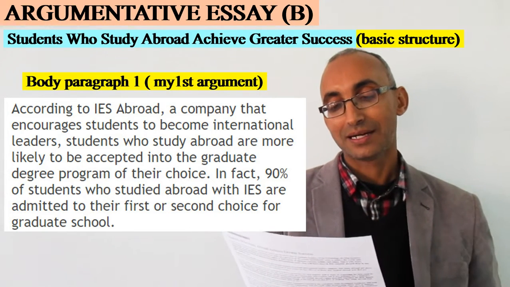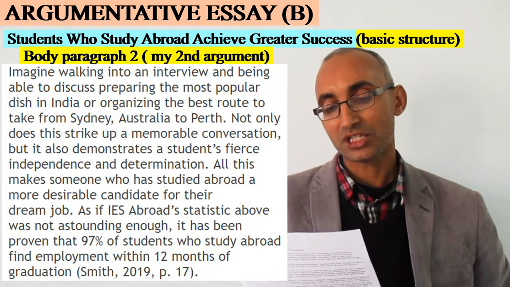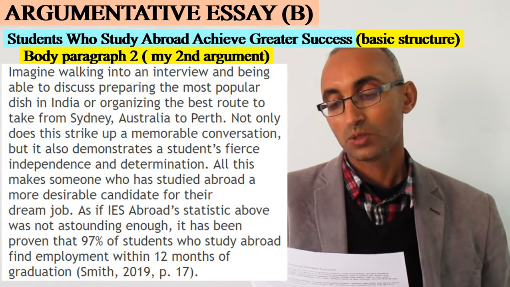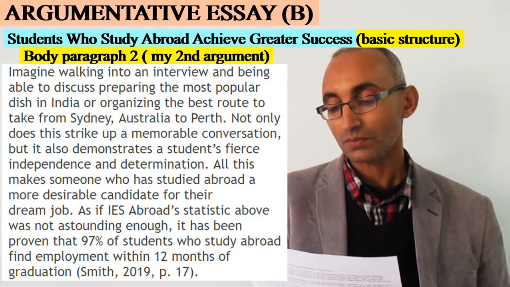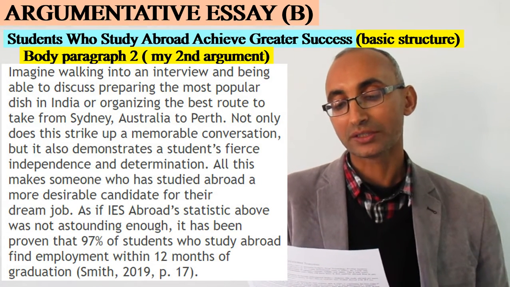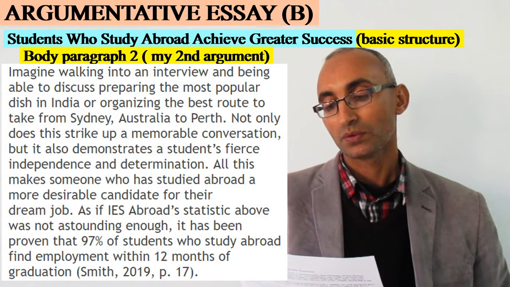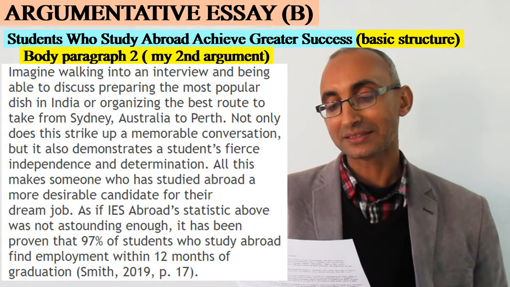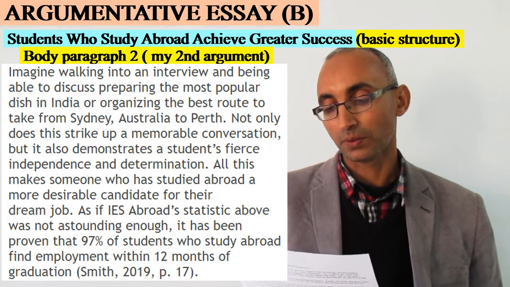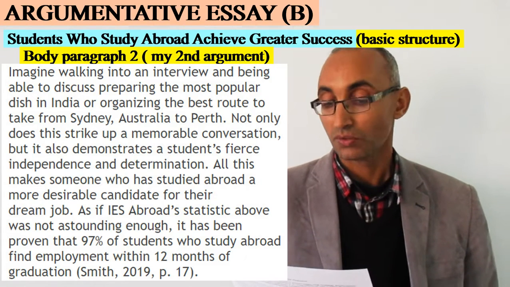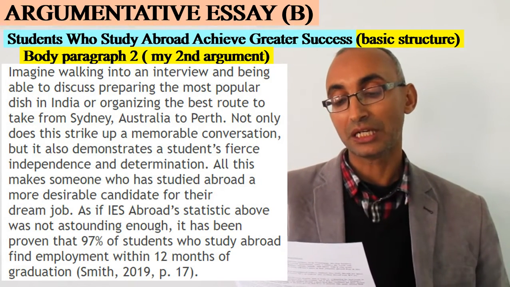Now, second argument explanation. Imagine walking into an interview and being able to discuss preparing the most popular dish in India or organizing the best route to take from Sydney, Australia to Perth. Not only does this strike up memorable conversation, but it also demonstrates a student's fierce independence and determination.